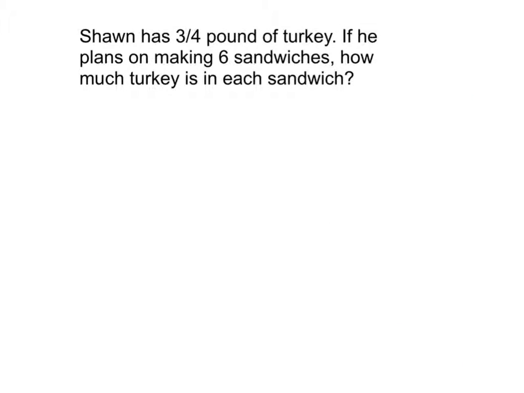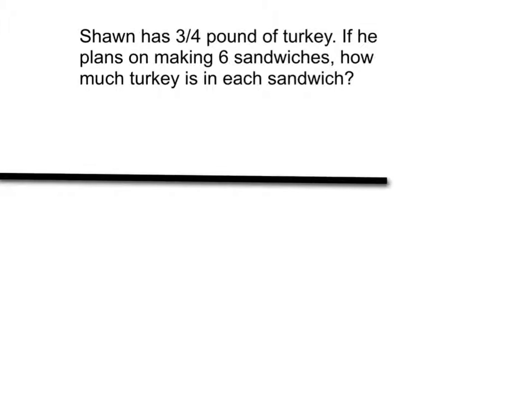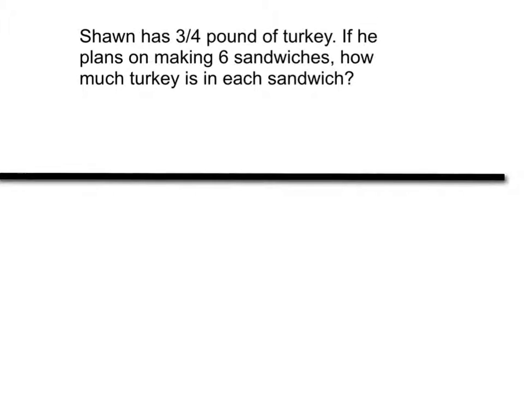We're going to take the same problem. This time we're going to solve it using a number line. I take my number line, and we are going to break this number line into fourths. So here, then I have 1 pound over here, and once again, I'm going to break this into fourths. And I have 3/4.